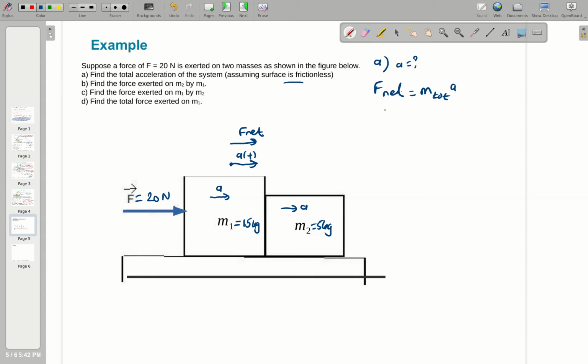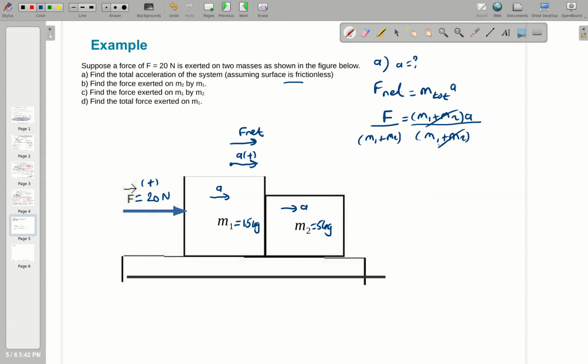And that's it. My Fnet is F. It's positive to the right. We took this to be the positive direction. And it's equal to m1 plus m2 times the acceleration. To find the acceleration, I divide each side by m1 plus m2 because I want to leave acceleration alone.